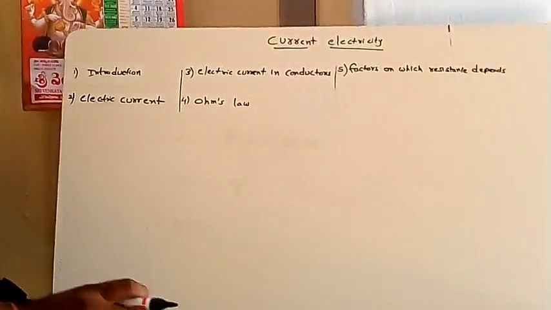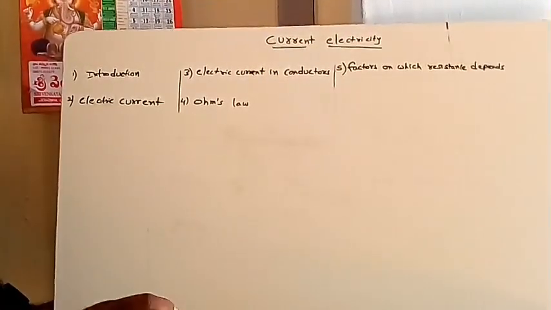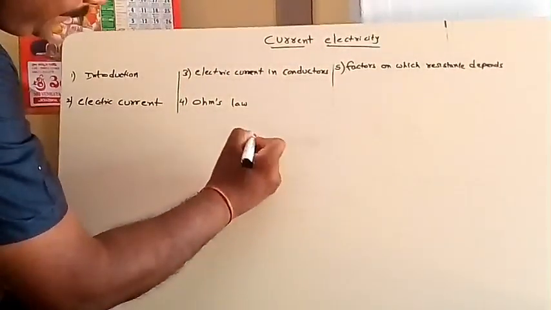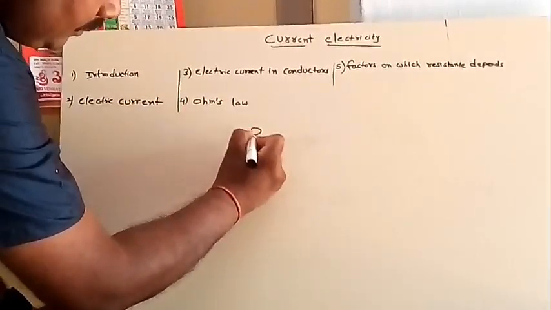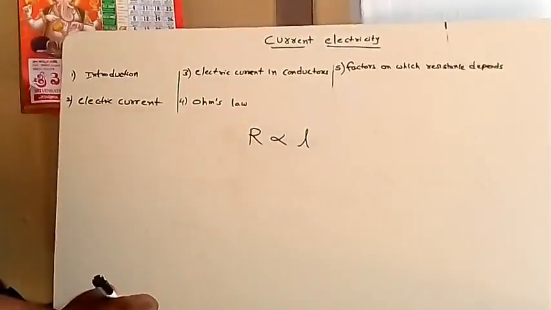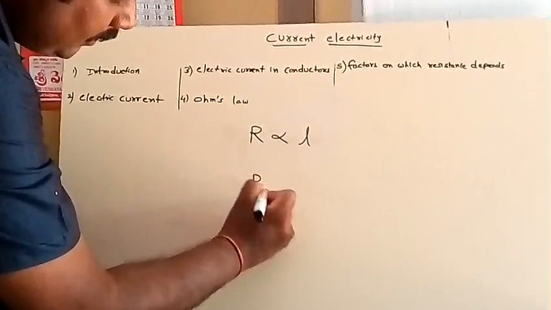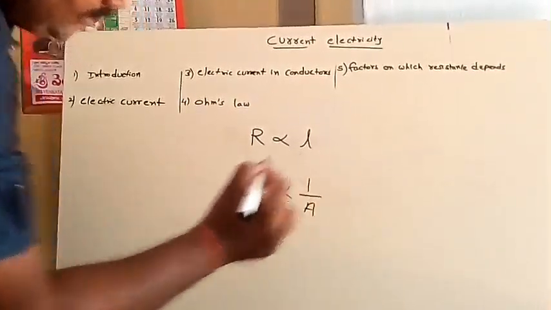Later, we'll see the factors on which resistance depends. See, resistance is directly proportional to length. Resistance is inversely proportional to area of cross section.